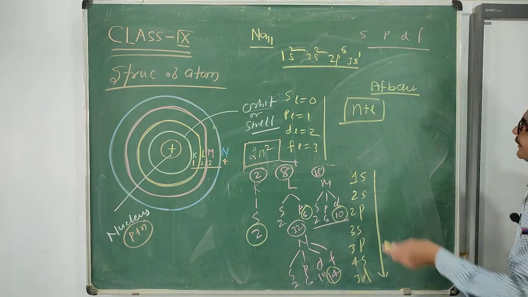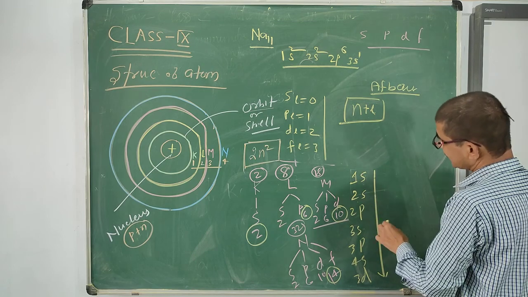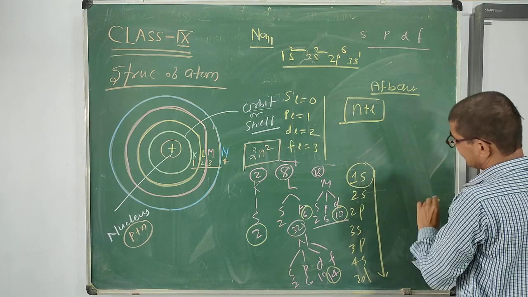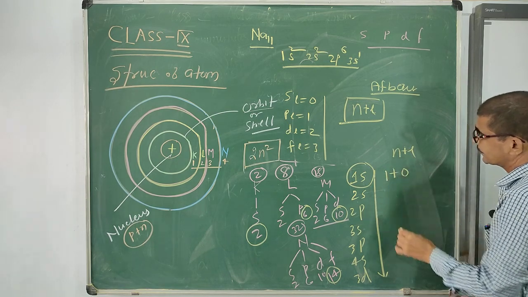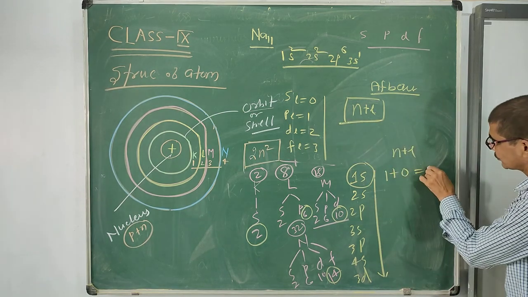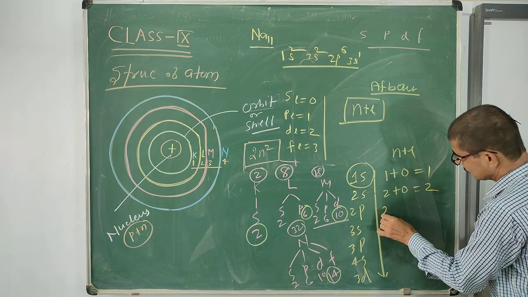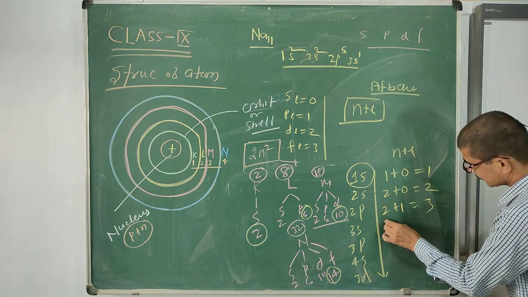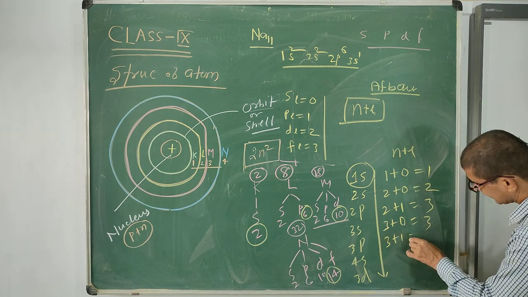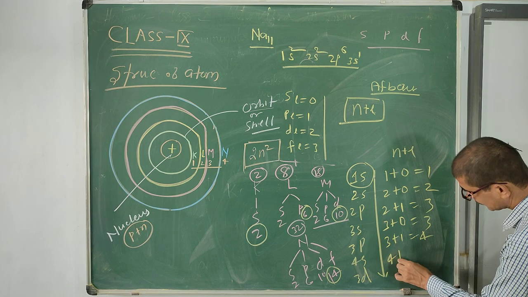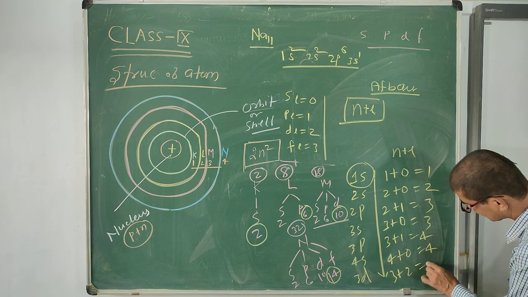Now in the n plus l rule, at first the electron enters into 1s, so just calculate the value of n plus l. 1 plus 0, because the value of l is 0 here, so the total is 1. For 2s, 2 plus 0 equals 2; for 2p, 2 plus 1 equals 3; for 3s, 3 plus 0 equals 3; for 3p, 3 plus 1 equals 4; for 4s, 4 plus 0 equals 4; and for 3d, 3 plus 2 equals 5.